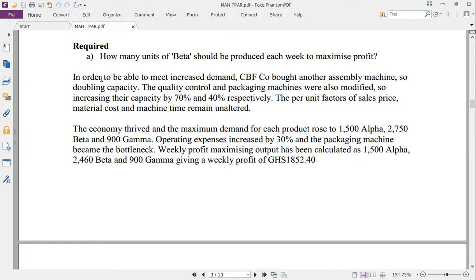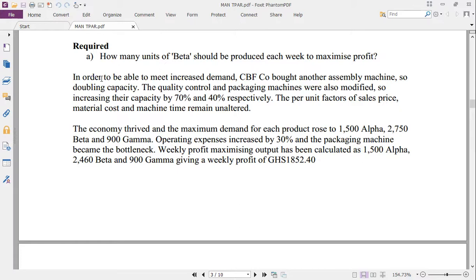Now let's go to the next section. The economy thrived, and the maximum demand for each of the products rose to 1,500 alpha, 2,750 beta, and 900 gamma. Operating expenses increased by 30%, and the packaging machine became the bottleneck. That's good news. Here they have identified the bottleneck resource for you, or the limiting factor, as what?